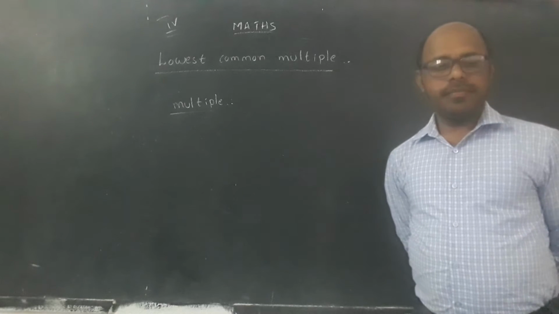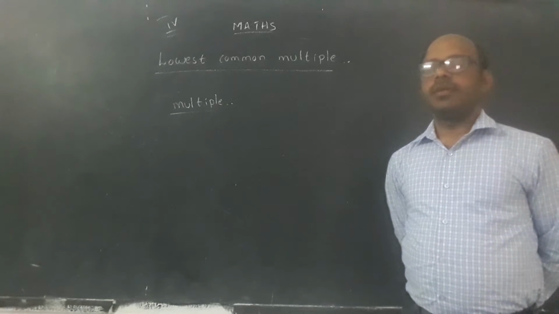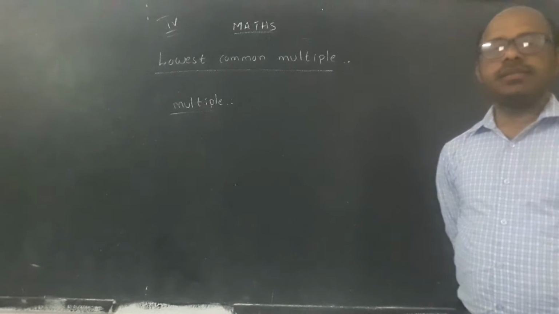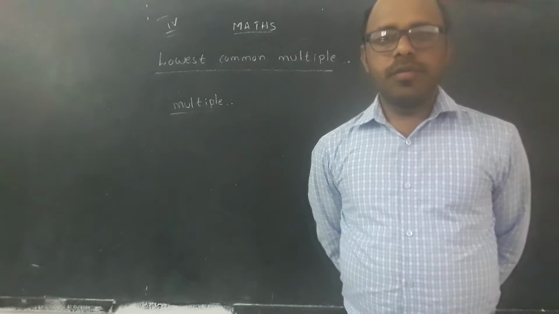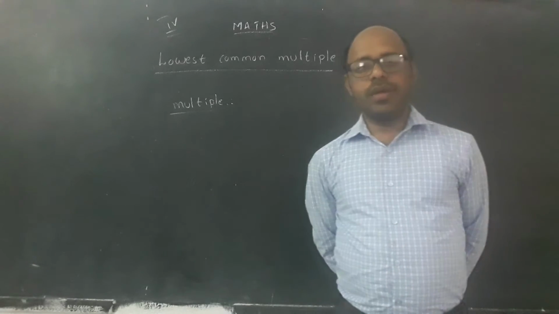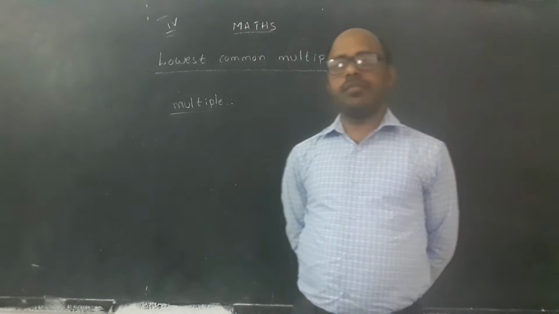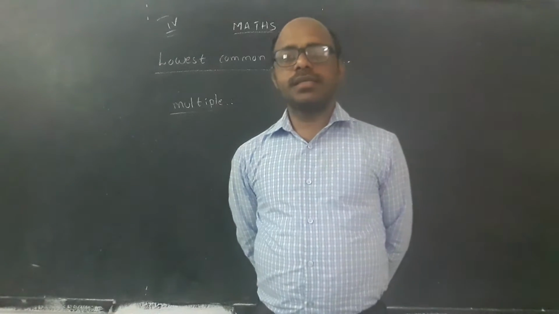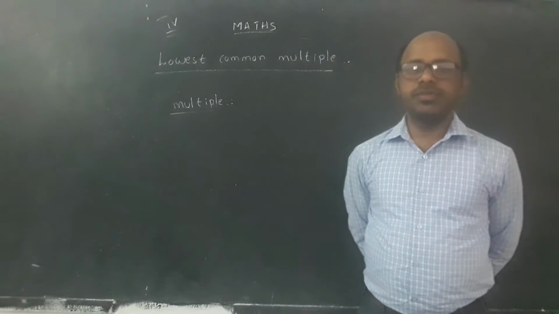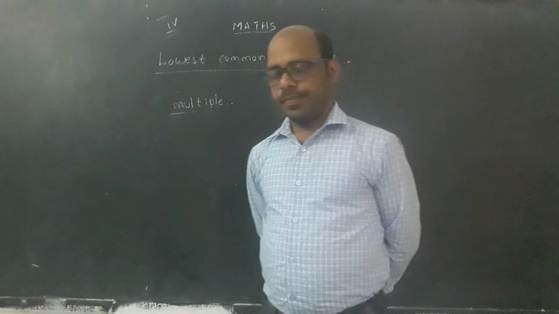One more time I will repeat it now. What does a multiple mean? Whenever we multiply two numbers, we get the product. Whatever product we get, that is a multiple.